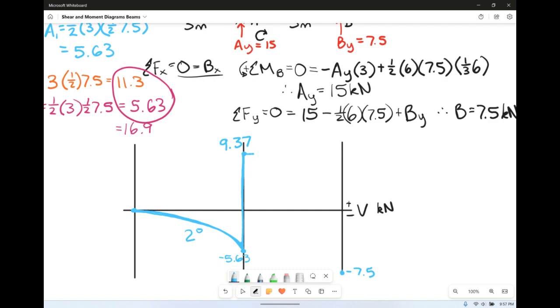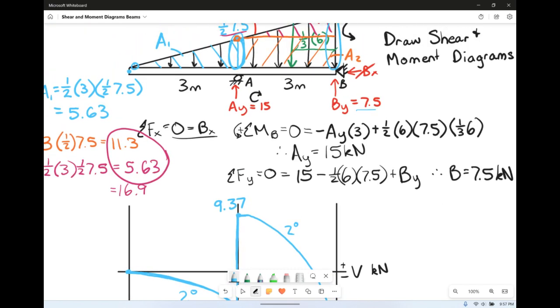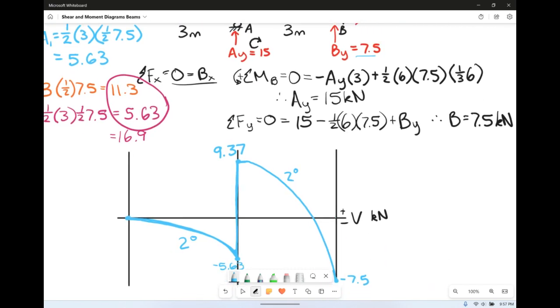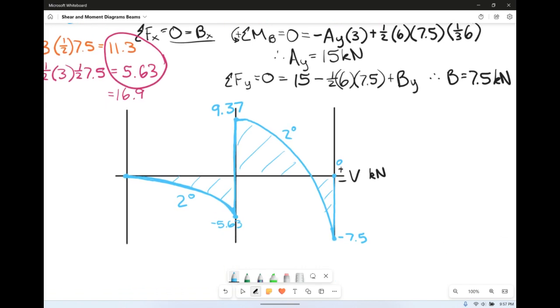So small slope, getting to really big slope. That's the direction we're going, and again, this is parabolic as well. Now that we're at negative 7.5, don't forget we have to shoot back up 7.5, so that puts us back at 0. So our shear diagram looks wonderful. And remember that the area under the curve for the shear diagram is going to be the moment diagram.